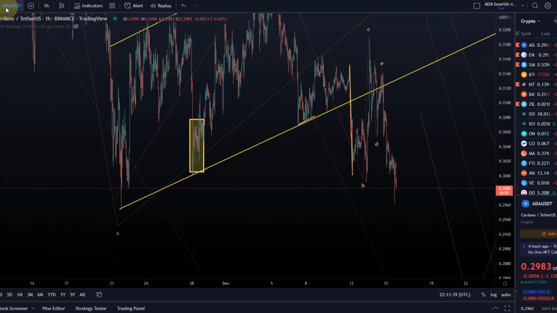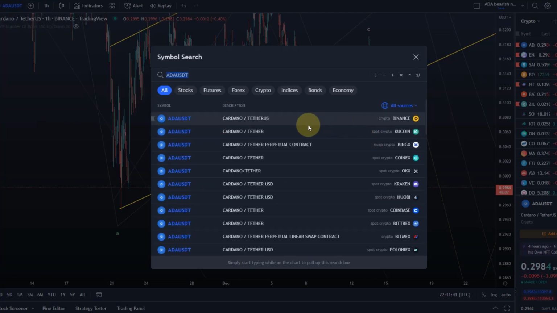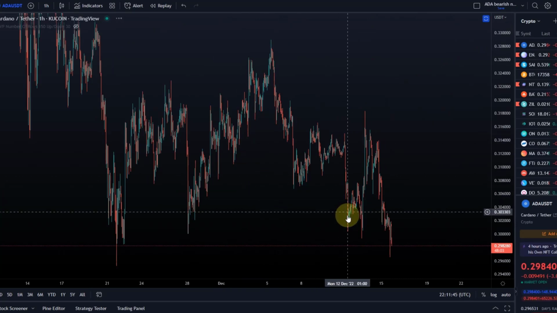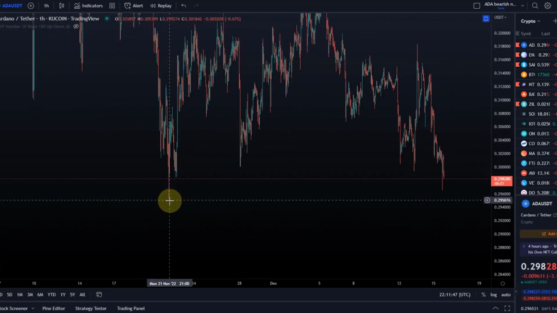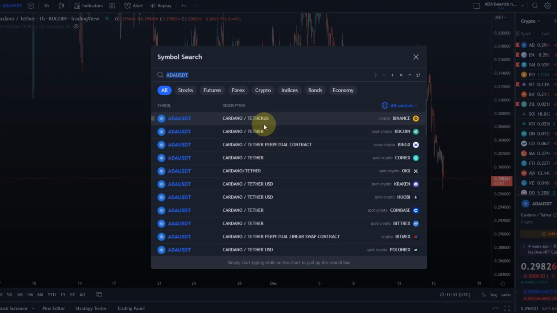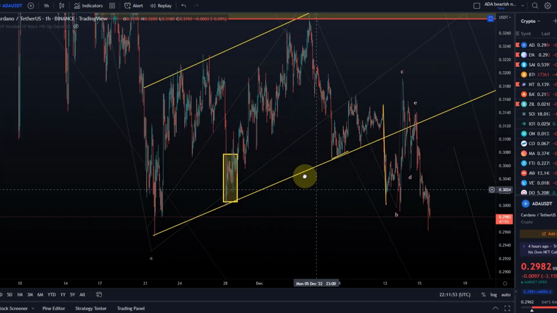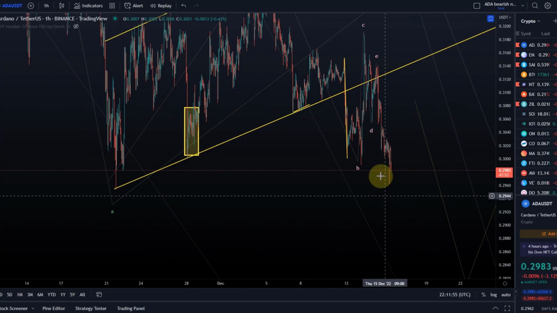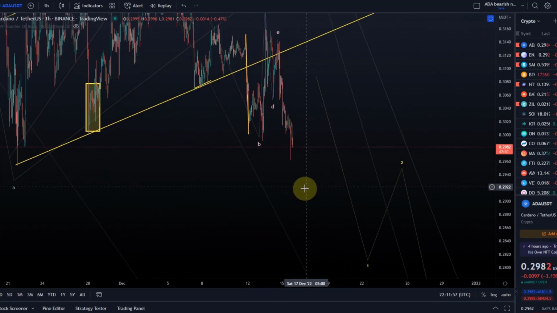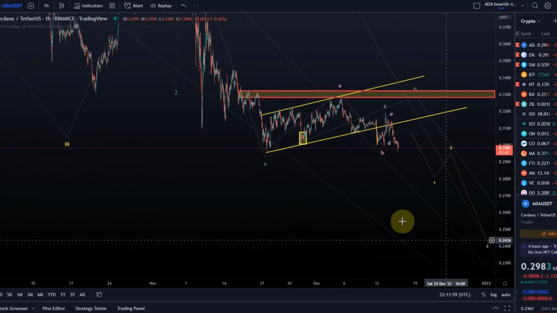Let me just double check. I already have the Binance chart, so it should actually be the most up-to-date one, but probably that low from the 21st is a little bit different on different exchanges. But I think 29.5 cents is pretty much valid, and we might now be witnessing the moment where ADA is putting in a new low, which is what we've been talking about anyway.